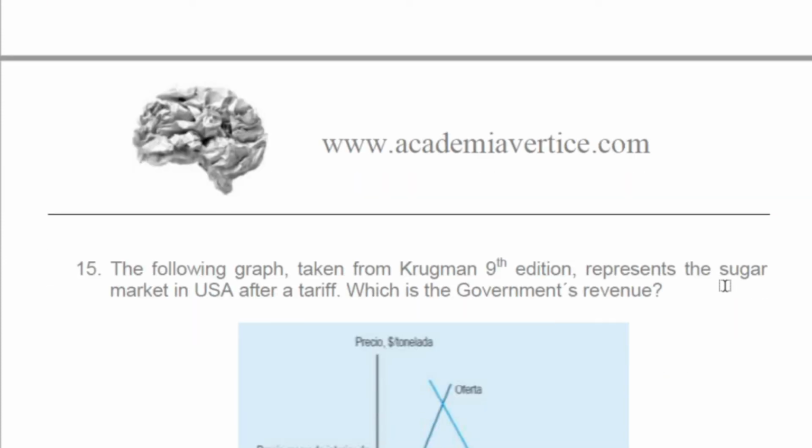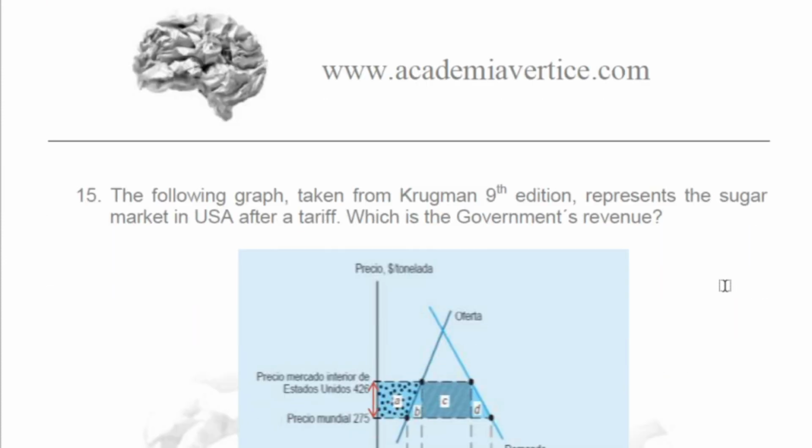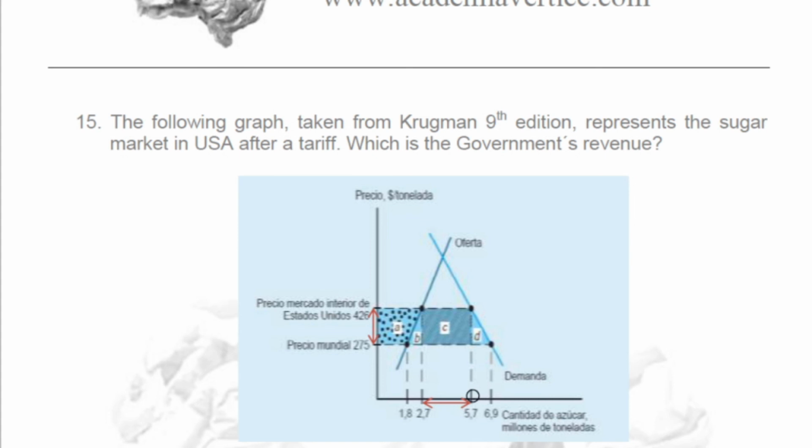15th, the following graph taken from Krugman 9th edition represents the sugar market in USA after a tariff. Again, which is the government revenue? Now the government earns money, because for each of these units that are imported, the government earns this tariff.